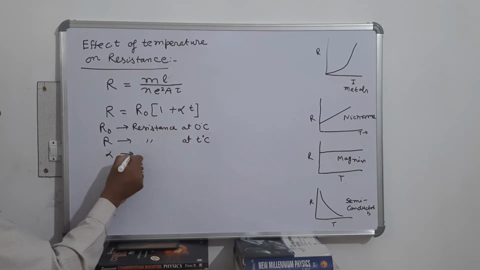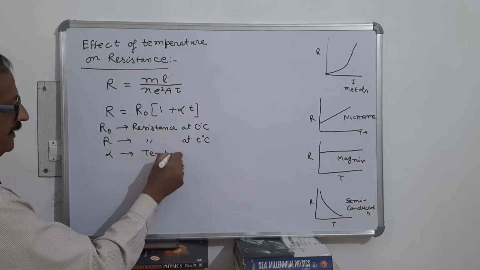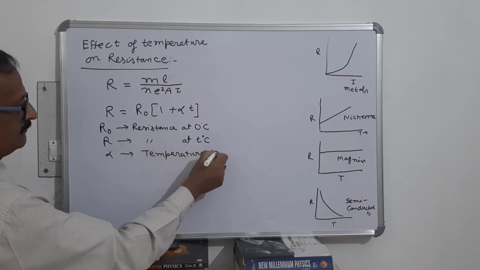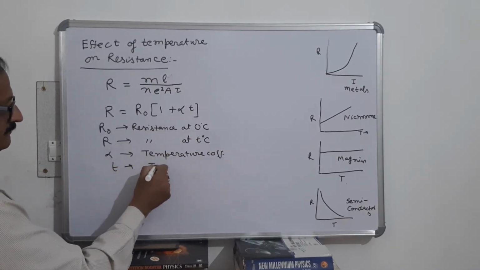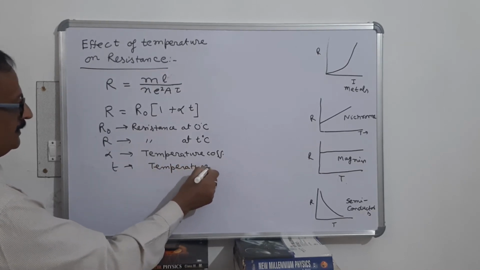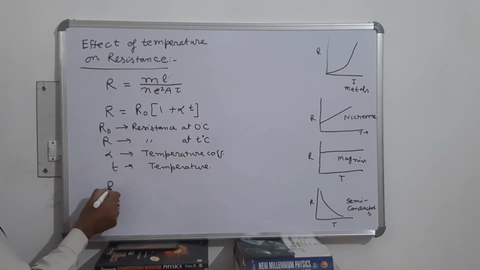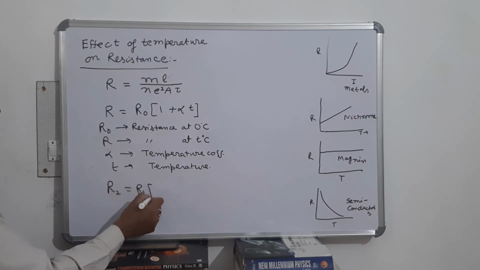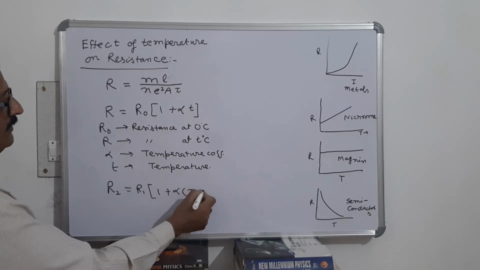Alpha is a constant, and this constant is called the temperature coefficient of the material, and T is temperature. Approximately, when temperature is not very large, we can also write R2 is equal to R1 into 1 plus alpha T2 minus T1.